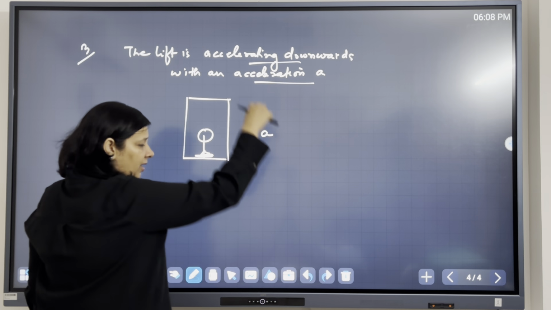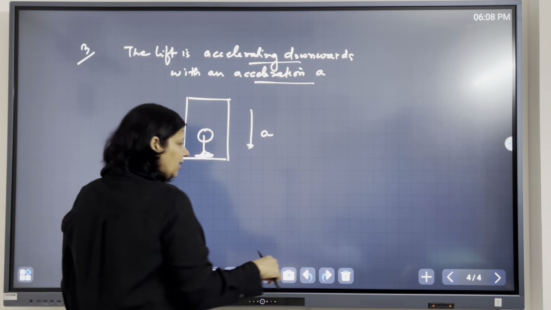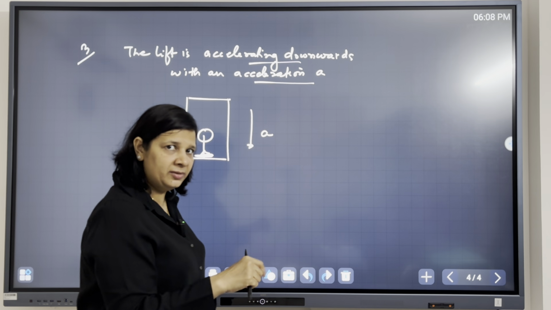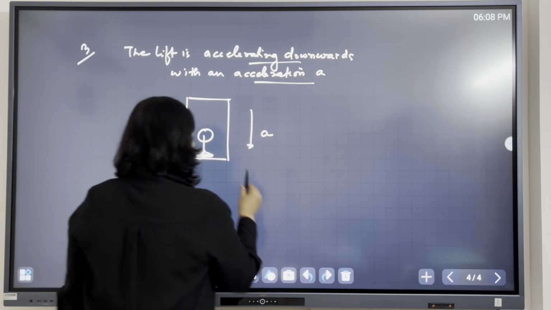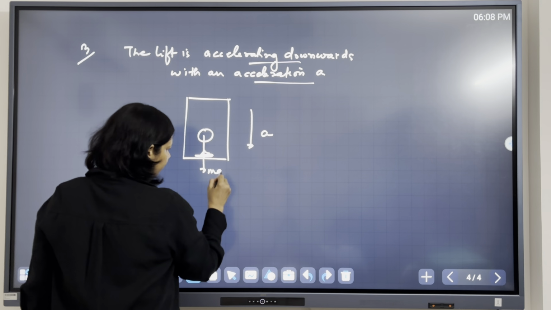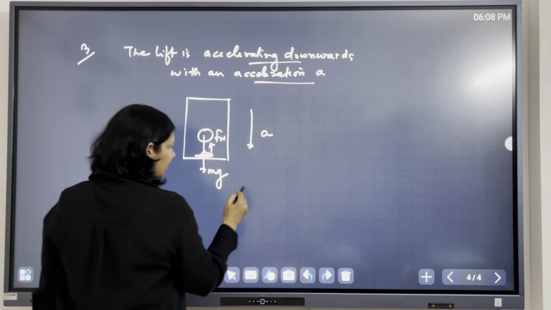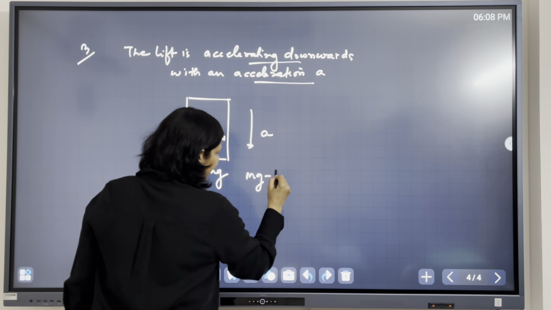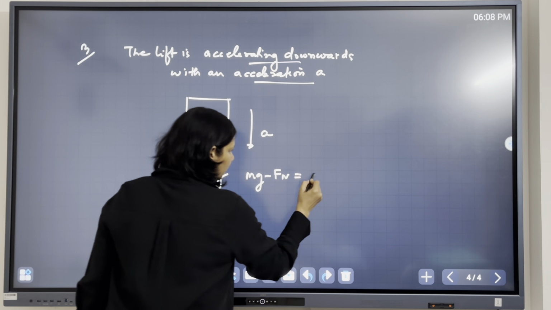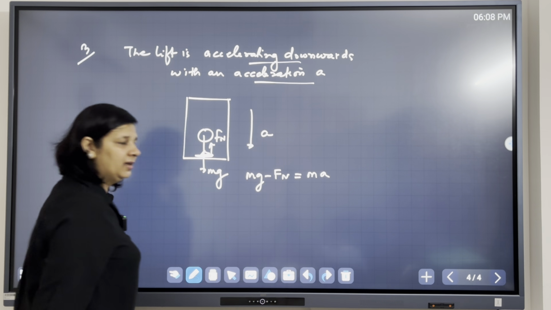Now I am taking downward direction to be the direction of the acceleration, so net force is also in the downward direction. So I am taking downward direction to be positive. mg, and the normal force is Fn. So mg minus Fn will be equal to ma.